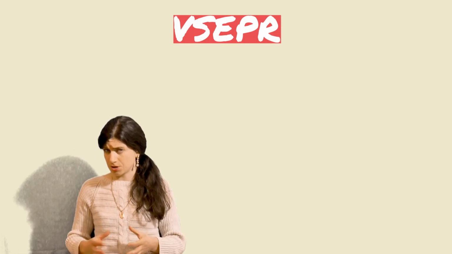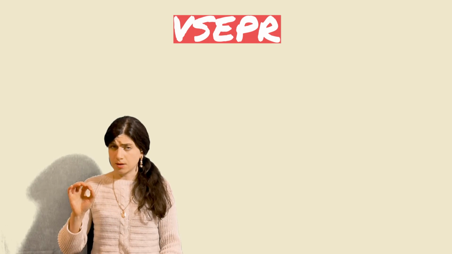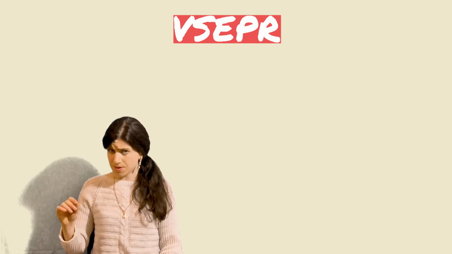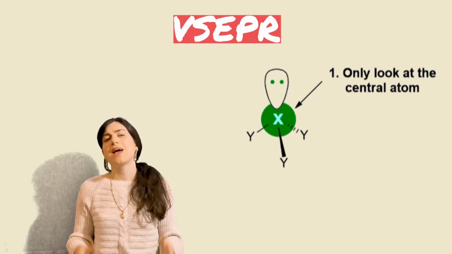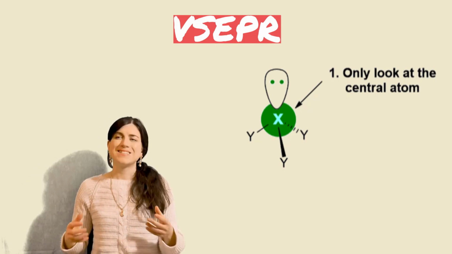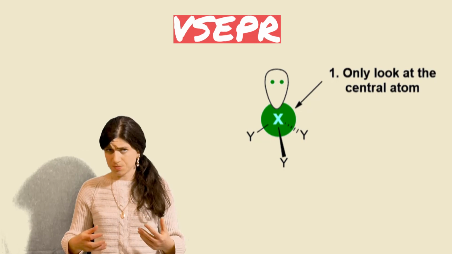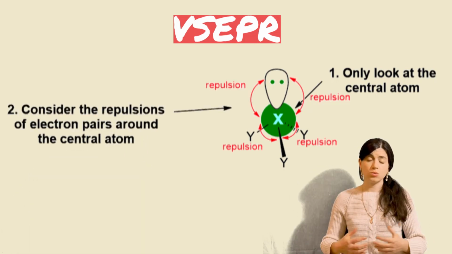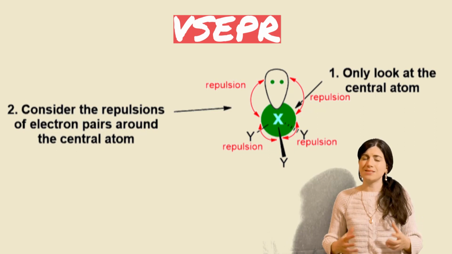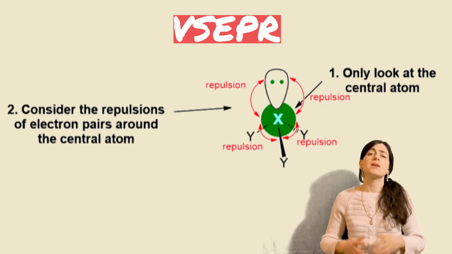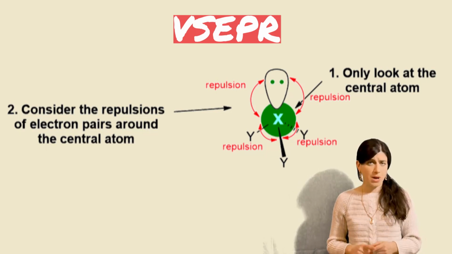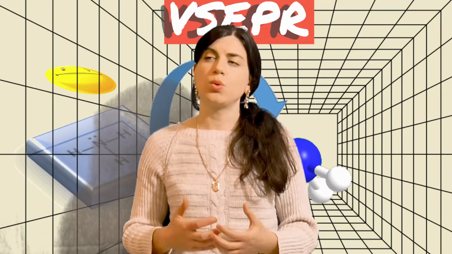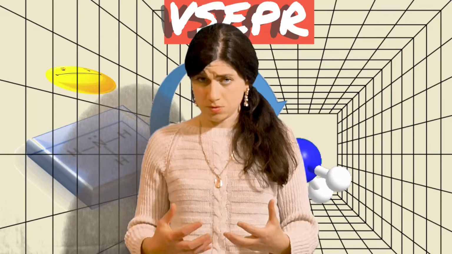In other words, this model finds the 3D structure of molecules by looking at the valence electron pairs of only the central atom and assuming that those pairs, since they are negatively charged, will repel each other, and so they will tend to space themselves out as far apart as possible because of this repulsion. Therefore, repulsion between these valence pairs of electrons determines the shape of the molecule. This is the concept of the VSEPR model.